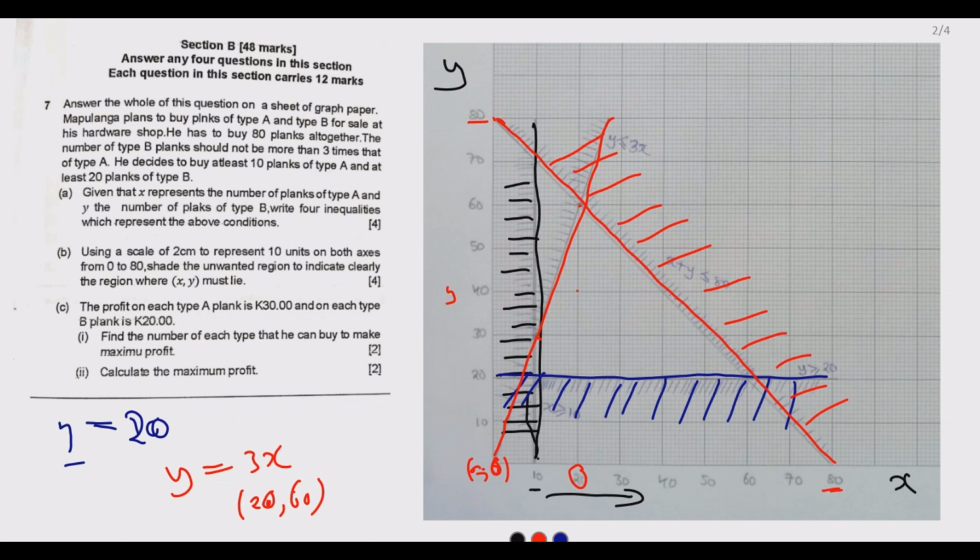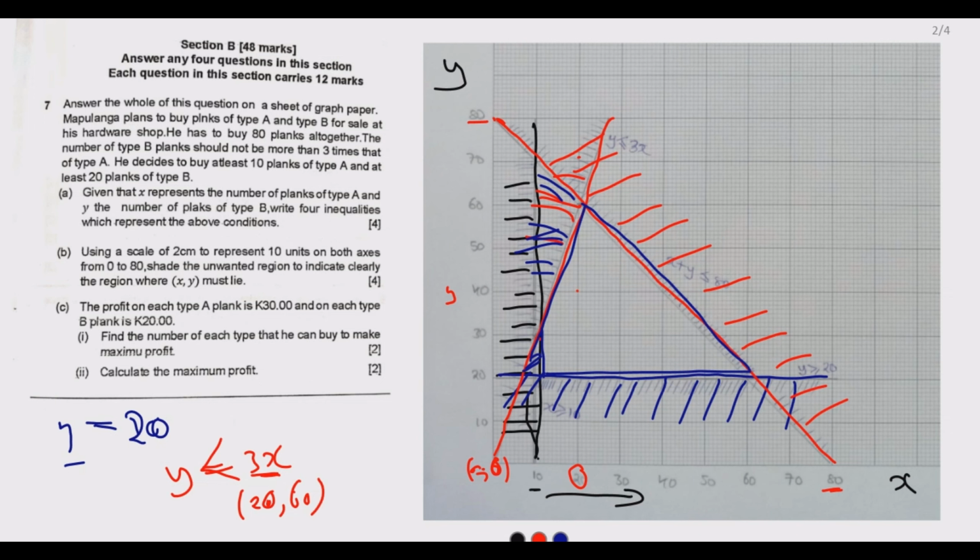But we want the region where y should not be more than that. y should not be more than 3 times x. So at this point, if we pick a region above this line along the 20, what it means is this side y is greater than 3 times x, but it should be less than. So this region is unwanted. So the region that we want is basically now what remains up to here. Remember, this is also unwanted up to. So this is the wanted region that we are talking about. Great.